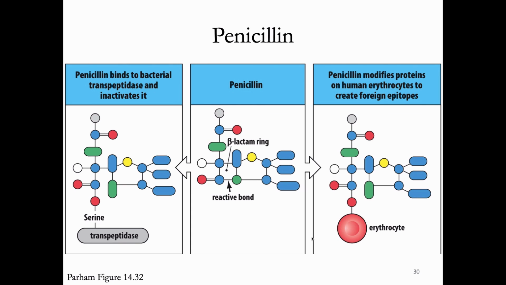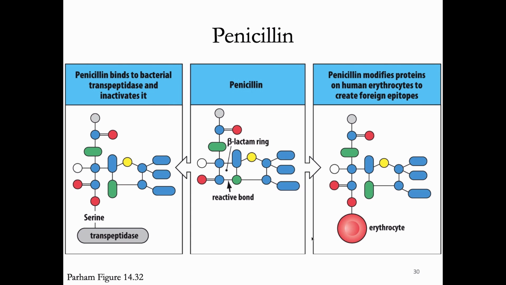However, in some situations, that penicillin reactive bond will react instead with a red blood cell. As a result, your red blood cell will now have penicillin attached to it. This will be a foreign antigen bound to your cell.